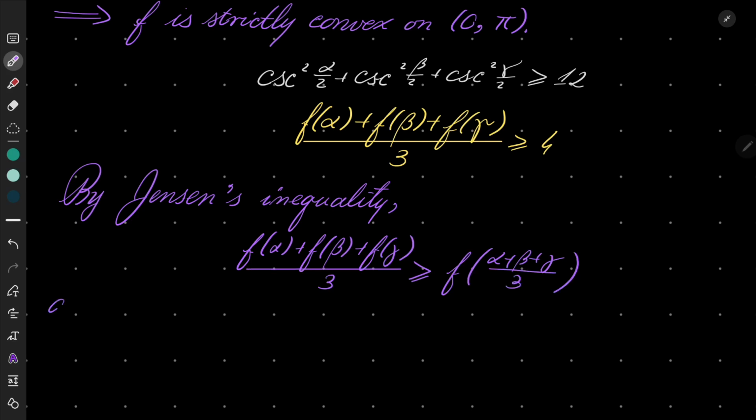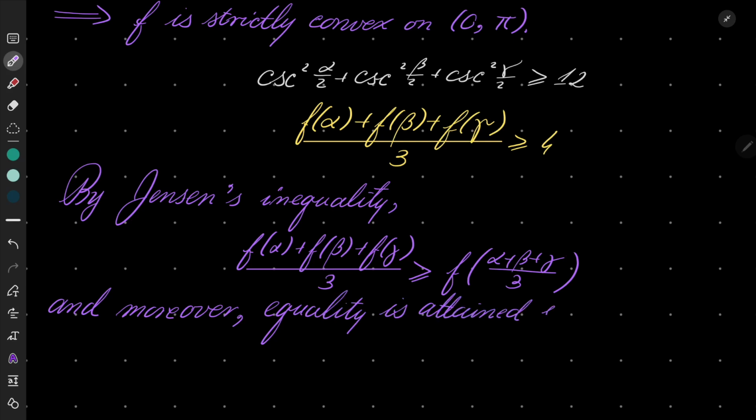And moreover, equality is attained if and only if alpha equals beta equals gamma.